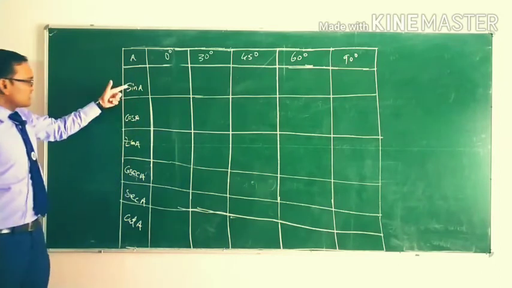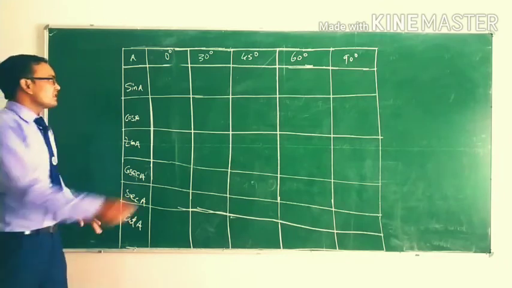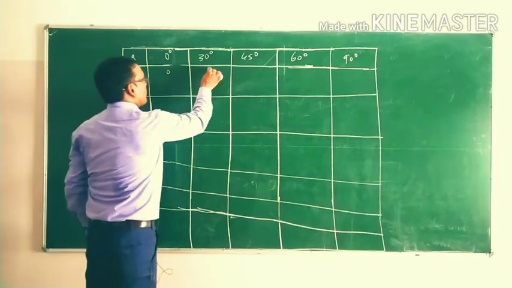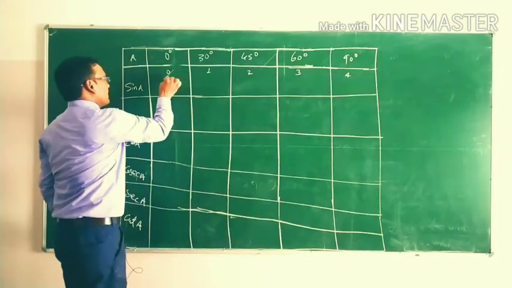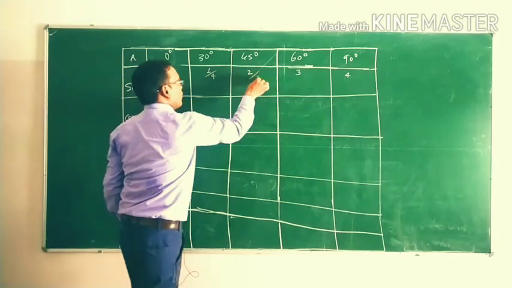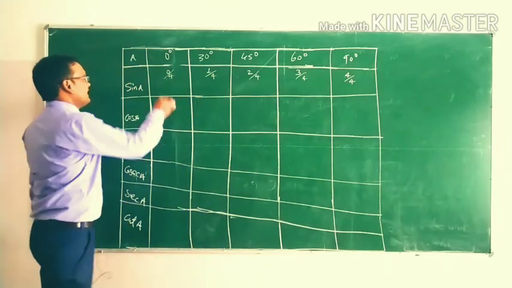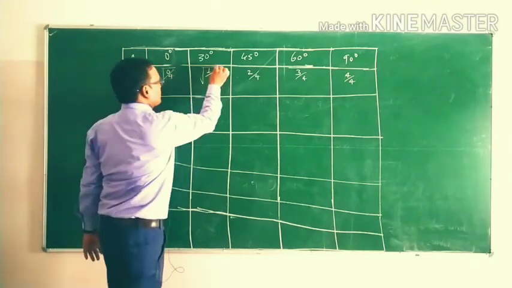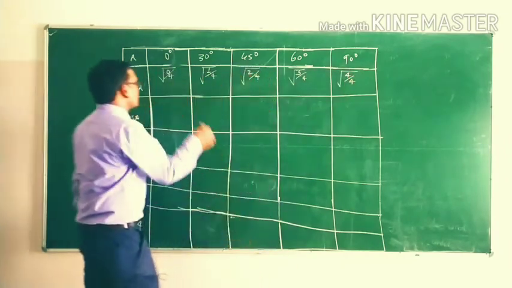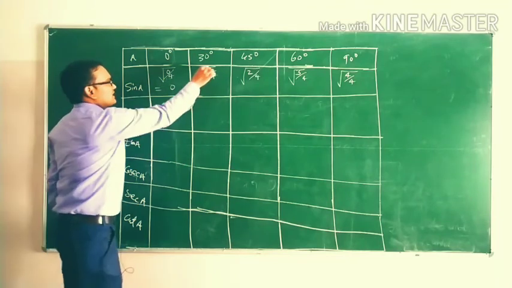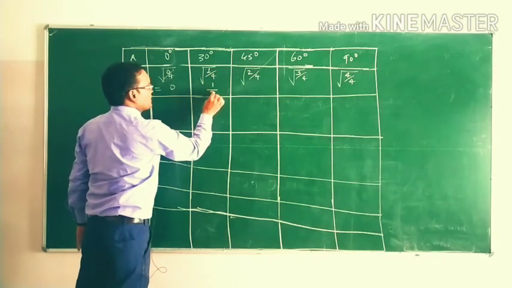Here we write sin A, cos A, tan A, cosec A, sec A, cot A. Okay students, we write 0, 1, 2, 3, 4 and divide each by 4, and take a square root of each. This gives the value 0, square root 1 is 1, and square root 4 is 2.